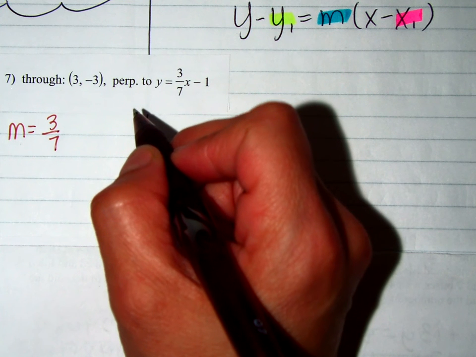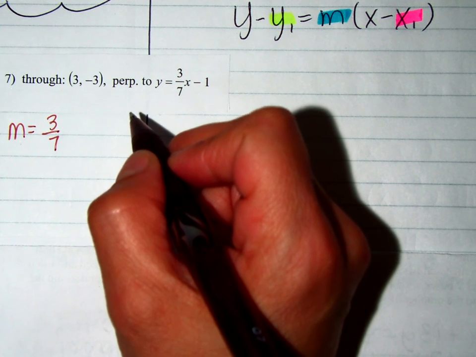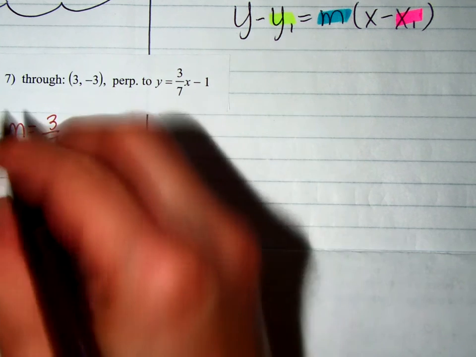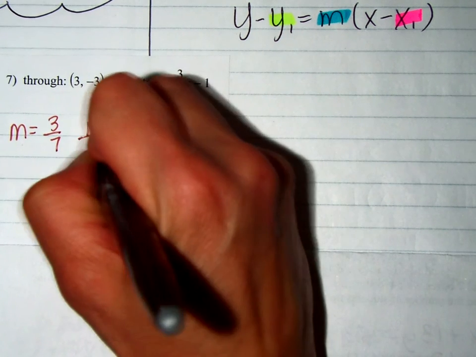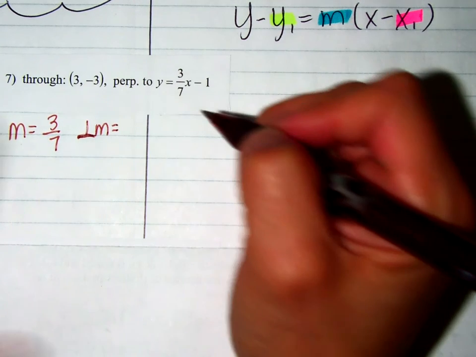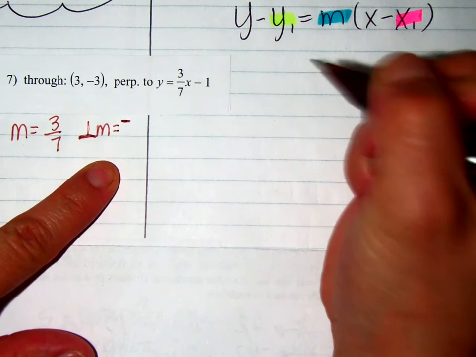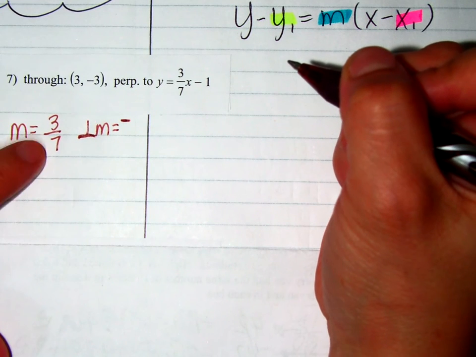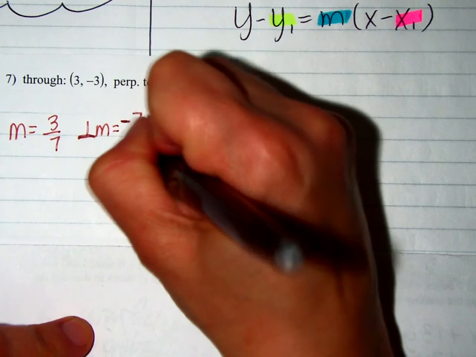For those of us who don't remember, reciprocal is just flipping the fraction. The way I'm going to show perpendicular slope is I'm going to draw my perpendicular symbol. And now, if this one is positive, that means this one has to be negative. And if this is 3/7, to flip this, I'm going to get 7/3.